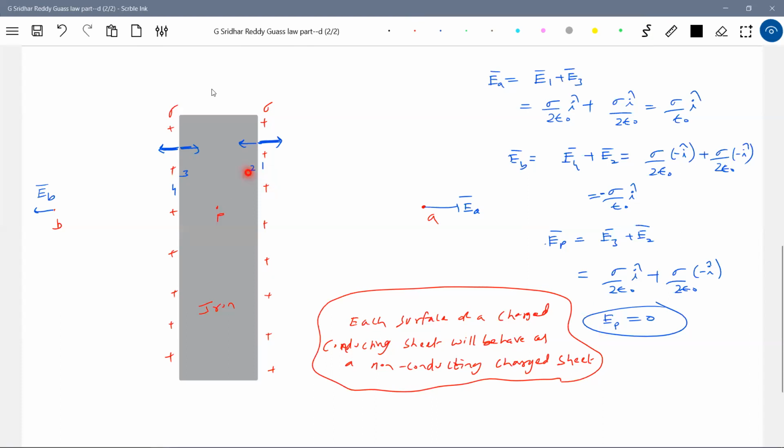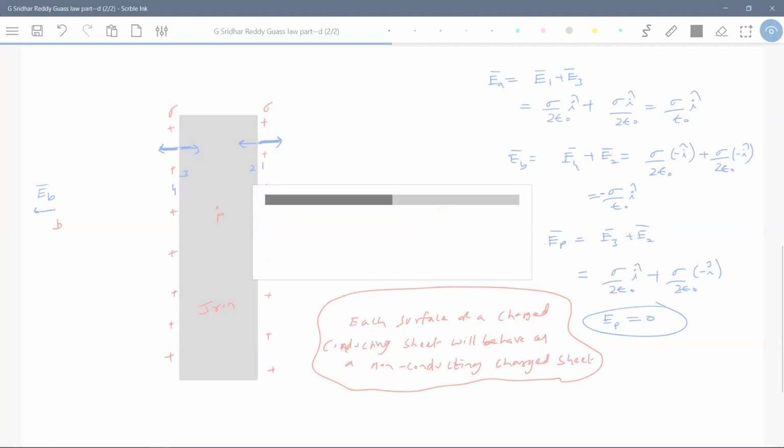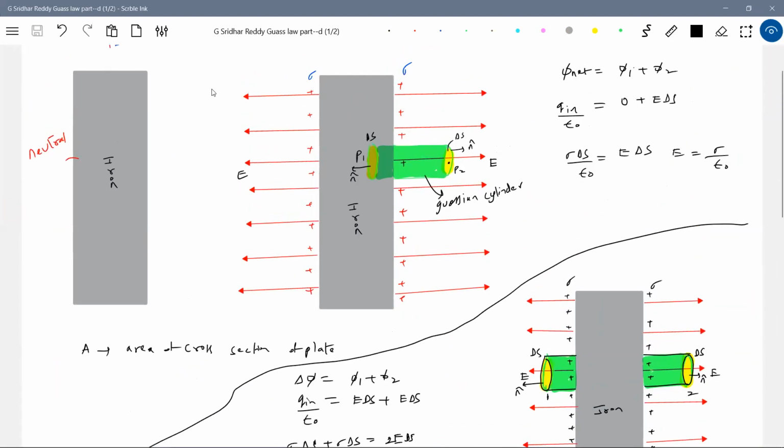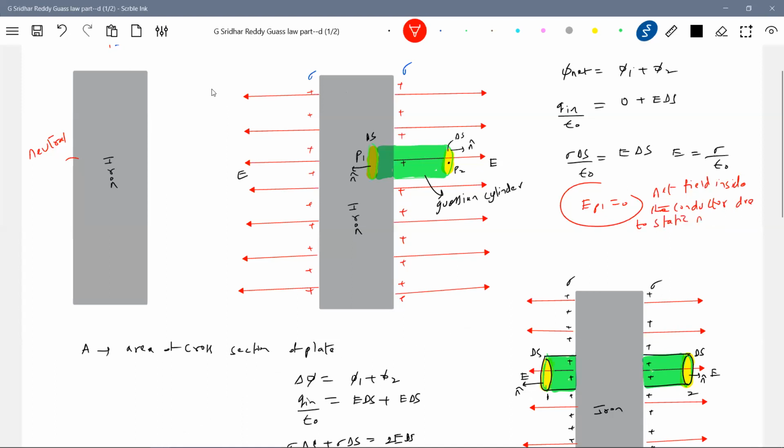I can justify it. The field due to 2 and 3 is zero. Look at the same discussion we made earlier. I forced you to accept that the net field inside the conductor is zero. Why zero? Because due to static charges, the net field is zero. Any reason for that?